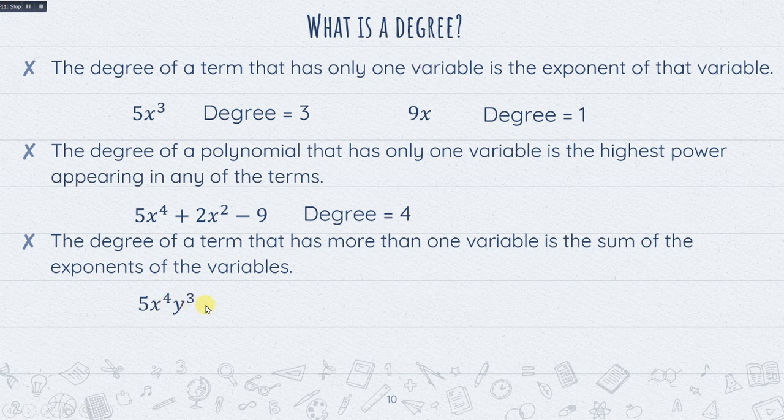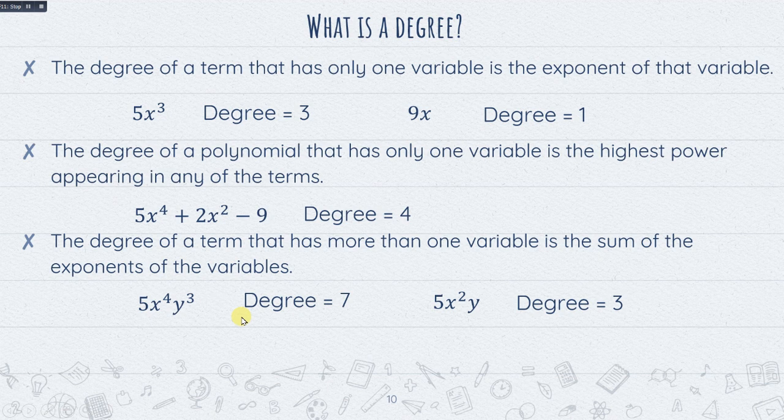So that will be degree of 7. Next and last rule. We also have another example, the 5x squared and y. So again, get the sum of the exponents in a term if there is more than one variable. So we have 2 plus 1, which is the exponent of x and the exponent of y. So that is 3. Degree is 3.